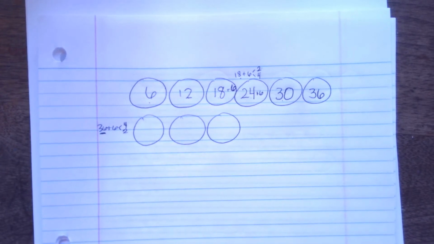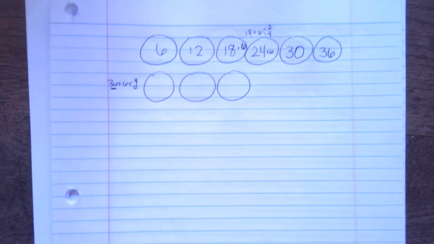So basically what I'm trying to do, my goal is always to try to make a group of 10. And there are a few ways to make a group of 10.